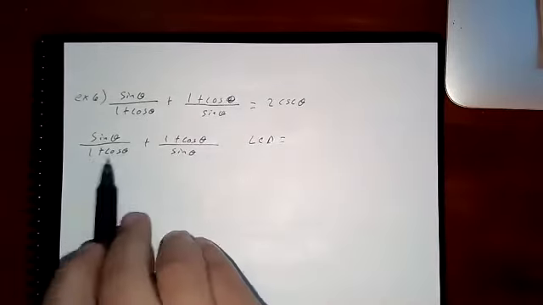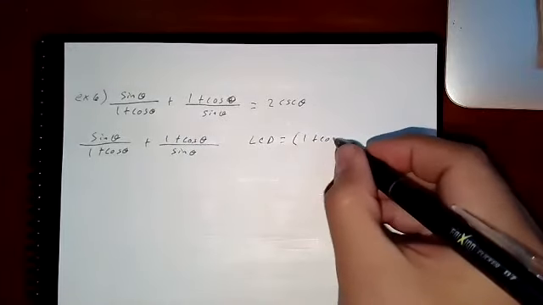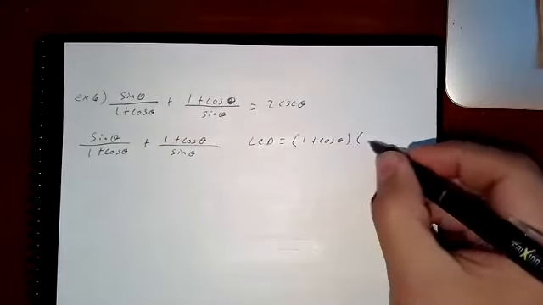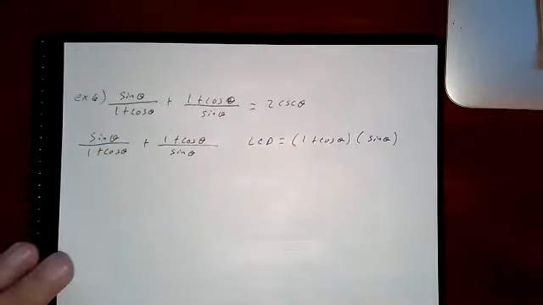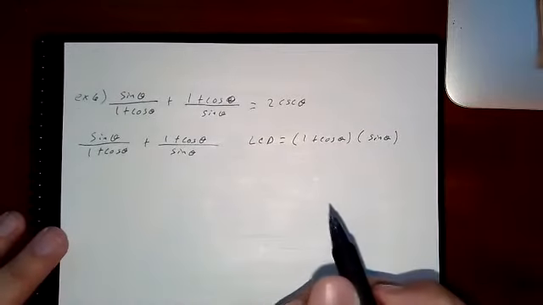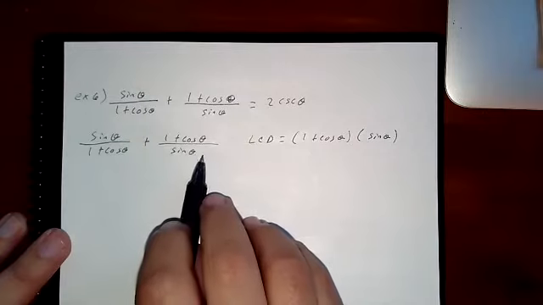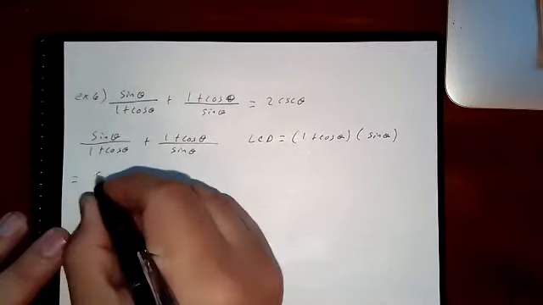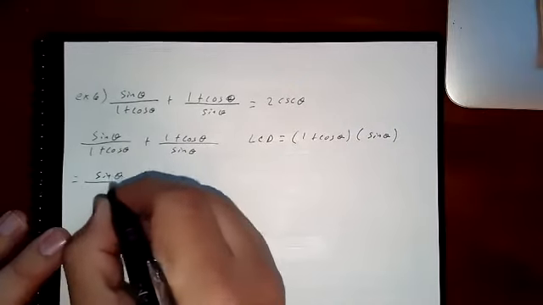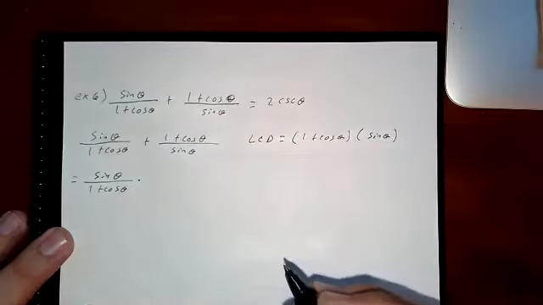Since these are prime, it's always going to be 1 times the other thing, just both denominators together for these types. So this guy needs a sine, and this guy needs 1 plus cosine, right? We're going to introduce it on the next step here. So sine theta over 1 plus cosine theta needs that sine.